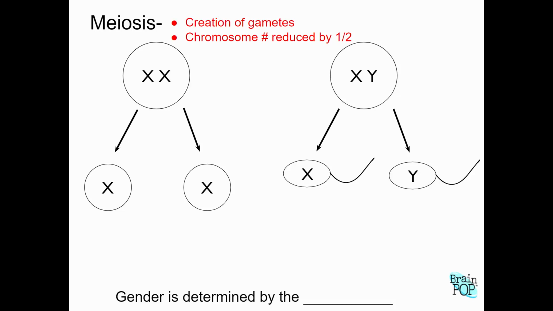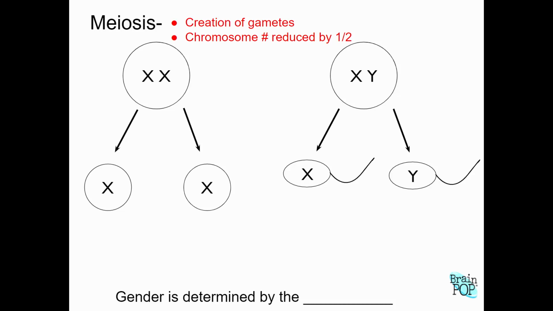So a normal body cell in humans, we said, has how many chromosomes? 46. How many chromosomes would be found in a sperm cell? 23. How about an egg cell? Also 23. They have half the number of chromosomes. Why is that important?